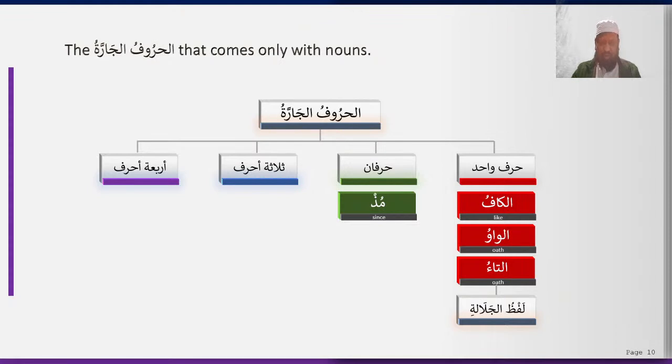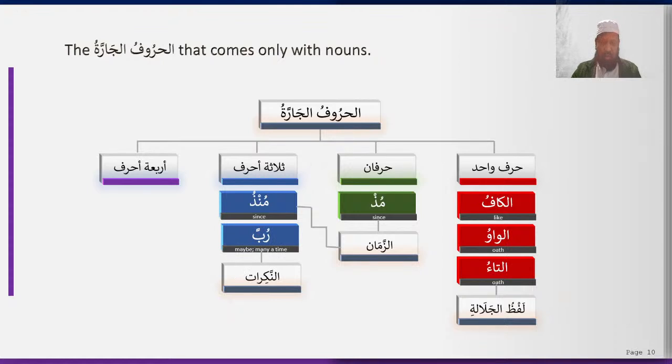The 2-letter word mudh and the 3-letter word mundhu always come with a zaman. And rubba comes only with nakira isms after it. And the 4-letter word hatta comes only with nouns.